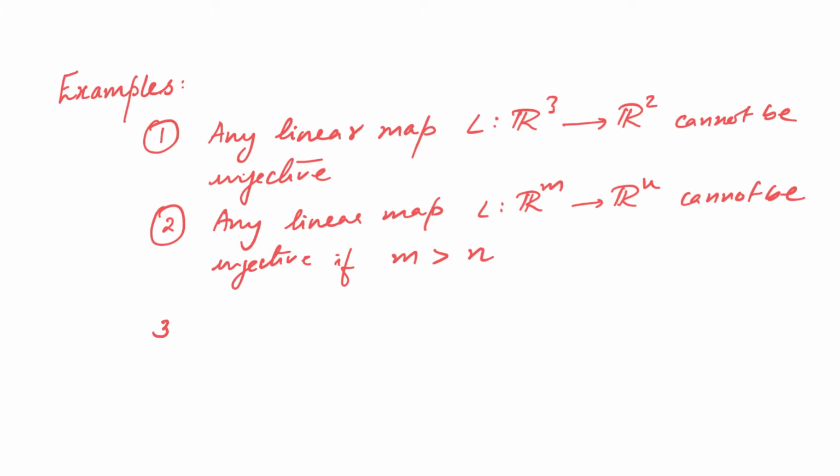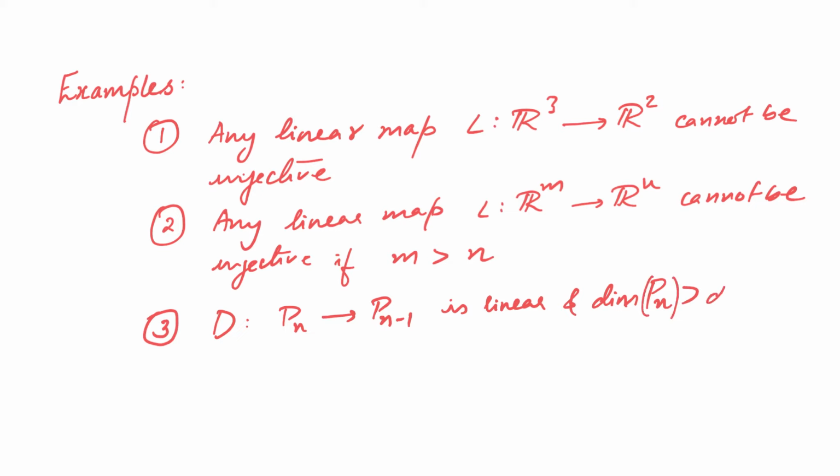Finally, we will see a slightly more interesting consequence of this result. Recall, we saw that the derivative map from Pn to Pn minus 1 is linear. And dimension of Pn is strictly greater than dimension of Pn minus 1. Therefore, D is not injective.